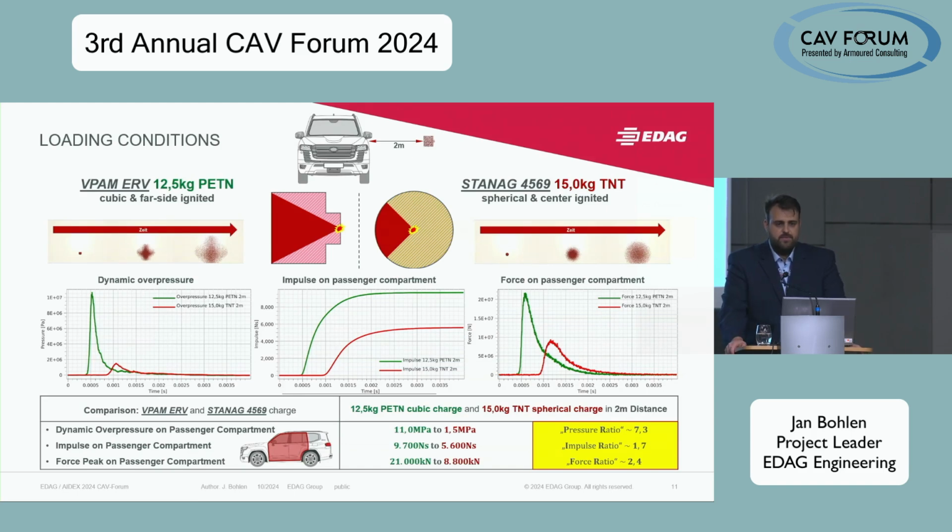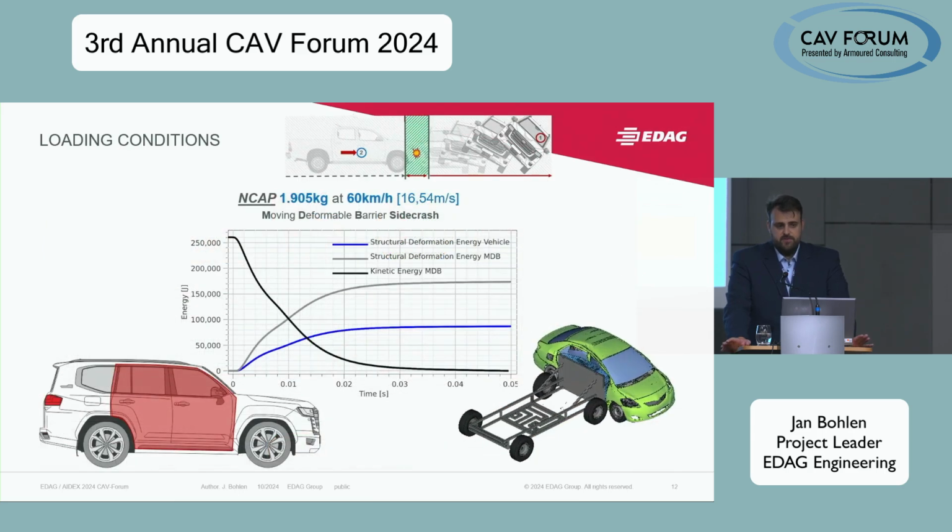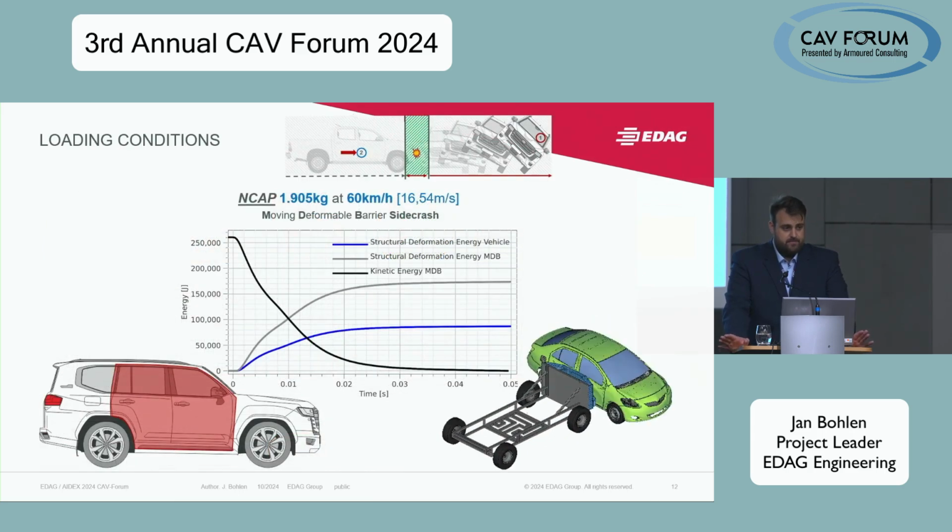That's nearly what this geometrical expression, the effective mass ratio of 2.25, is equal to. So in the end, we have to compare both, since they are far from equal. And a vehicle that is protected according to Stanag 4569 with a 15 kilogram spherical charge is not as protected as a vehicle that was tested according to VPEM ERV 12.5 kilo with PETN.